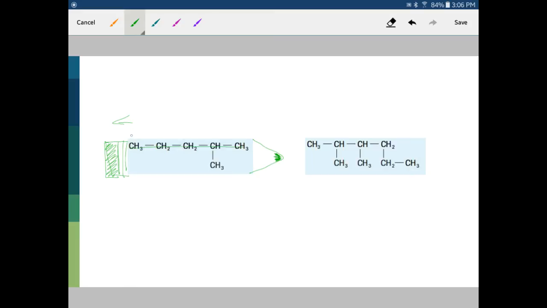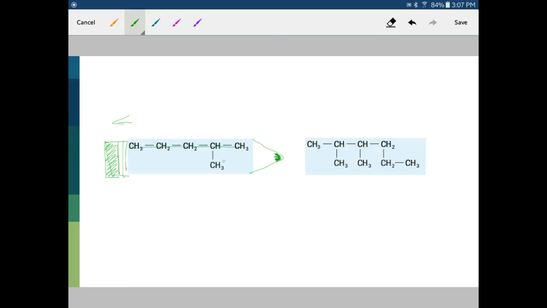So I don't always number from left to right. I number based on my smallest number of branches, because first of all, it's the most simple way to do this, but it also doesn't matter whether I number it as a 4 or a 1, because really you have to picture this as a 3-dimensional orientation.